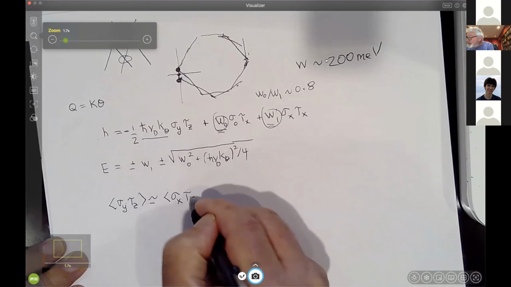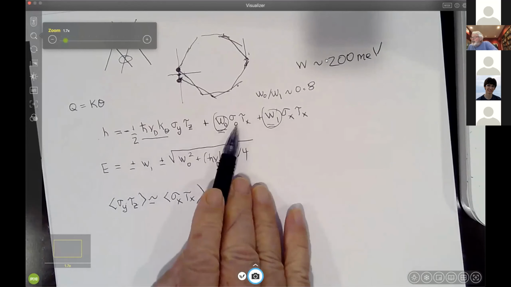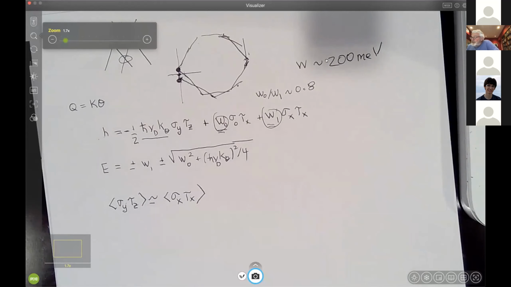If I just simplify things by ignoring the intra-sublattice tunneling, you can see there's a correlation between the sublattice dependence of the wave function, sublattice coherence in different layers, and this tau z is basically sublattice coherence within a given layer.